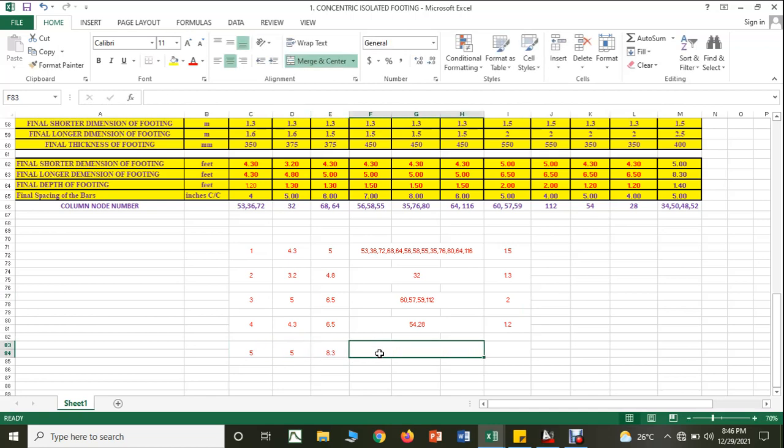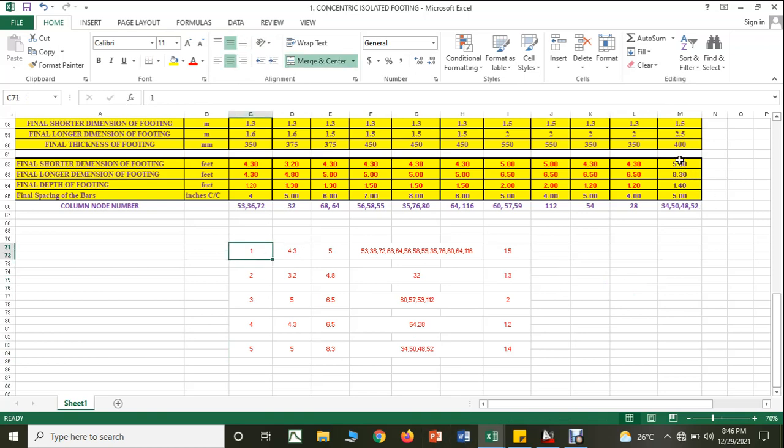The column numbers that you have are 34, 50, 48, 52. So these are the column numbers, and your thickness will be 1.40. So these are the column numbers along which this will come. So these are my sets.